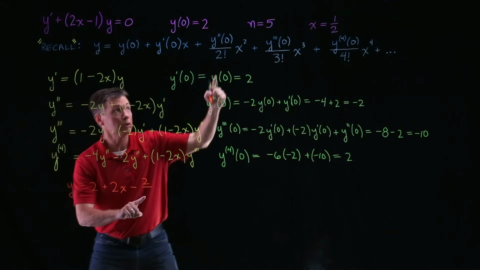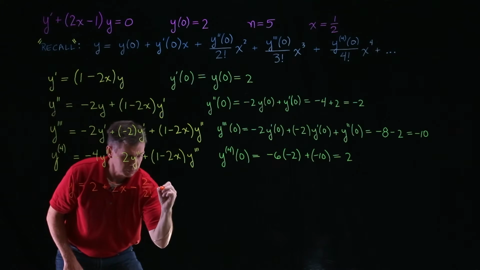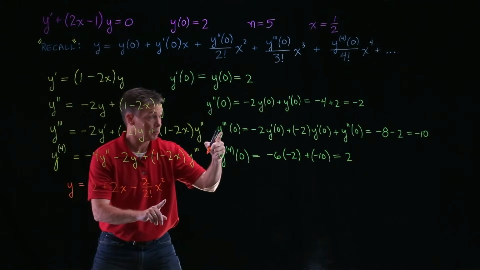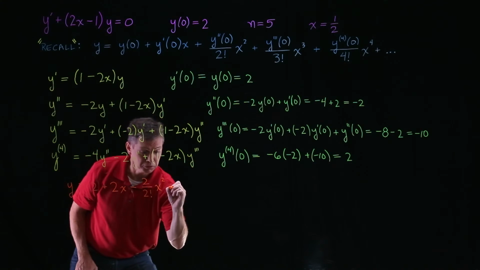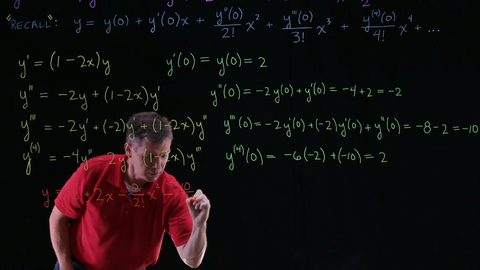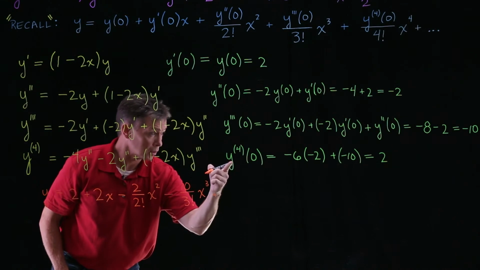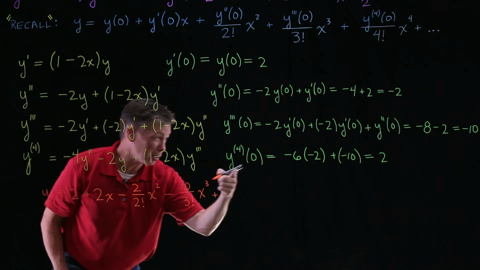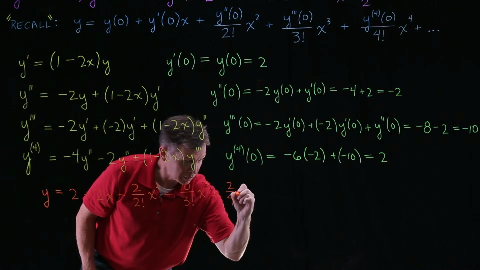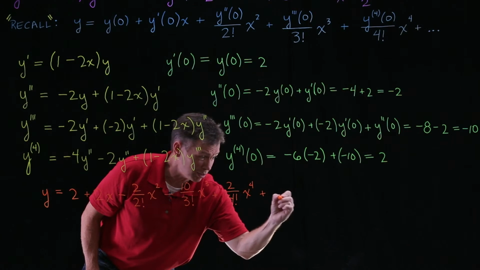And that went up in the numerator. There's a 2 factorial in the denominator, and then x squared. Plus, then I look to my y triple prime. I'm thinking ahead though, yeah, that's also negative, so let's just write it as subtraction. 10 over 3 factorial x cubed plus, and the fourth derivative of y, that was a positive 2, so 2 over 4 factorial x to the fourth, and then plus dot, dot, dot.